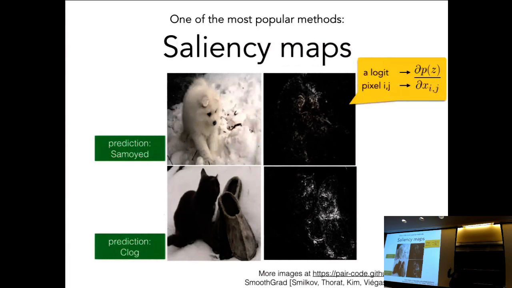For instance, the top image is a dog on a white background, a white dog, and it puts importance on the pixels where the dog is. That makes sense. It says the prediction was this type of dog, and these are the important pixels.